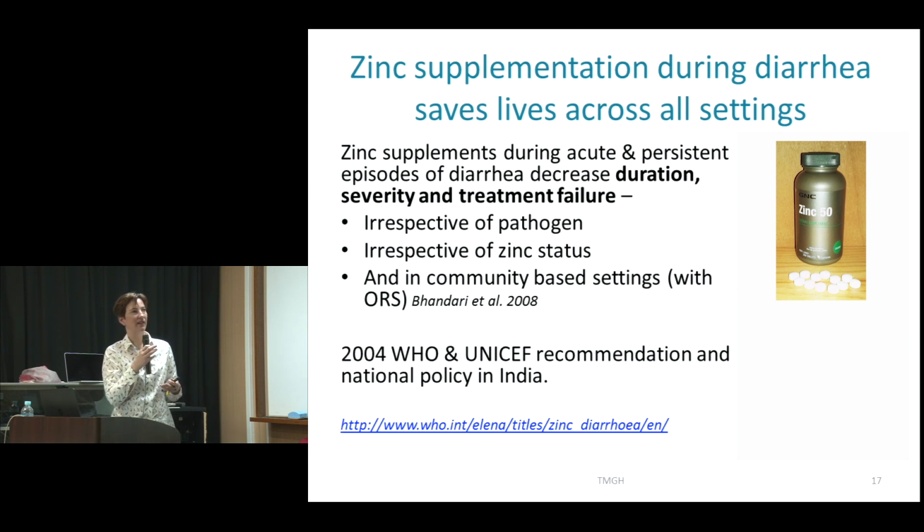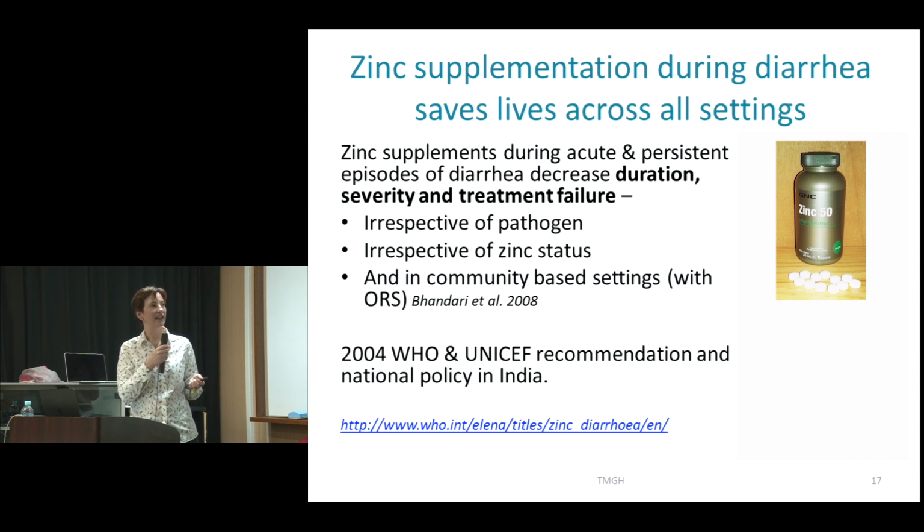So more evidence was done with trials since then. And now one of the big discoveries and interventions has been that giving zinc during acute and persistent diarrhea decreases the duration, severity, and risk of treatment failure.